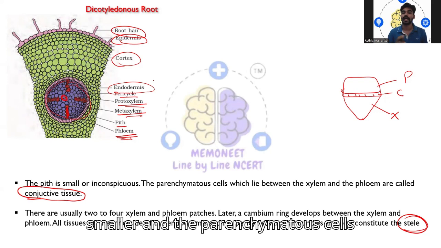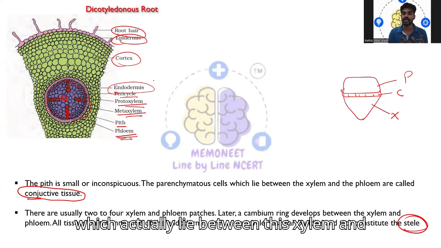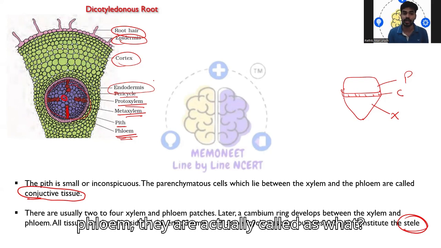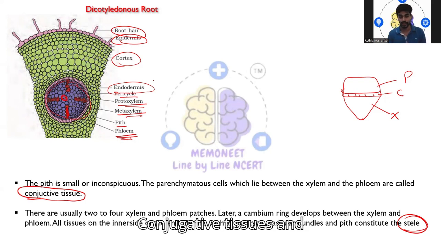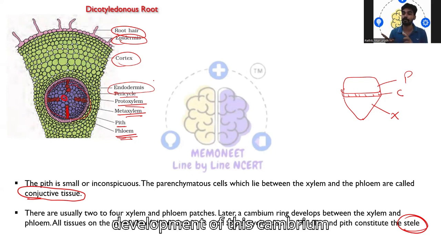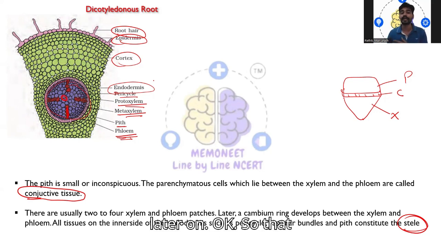After the pericycle, we have the pith region, which is very small. The parenchymatous cells which lie between the xylem and phloem are called conjugative tissues. And lastly, you will see the development of the cambium between the xylem and phloem later on.